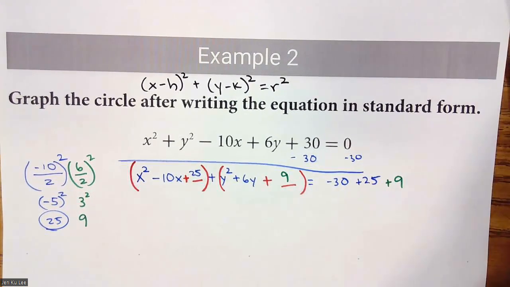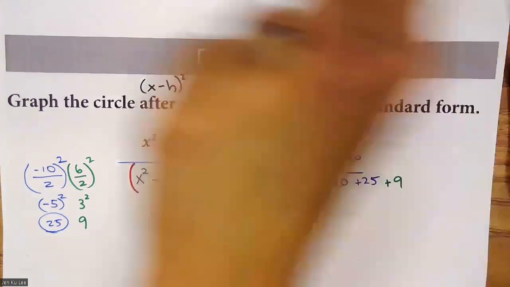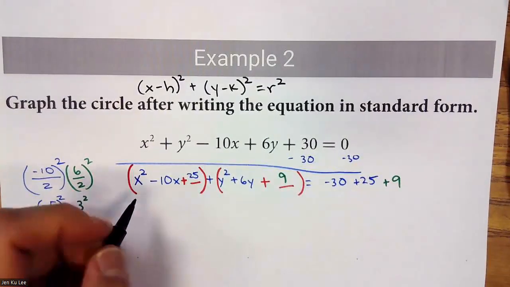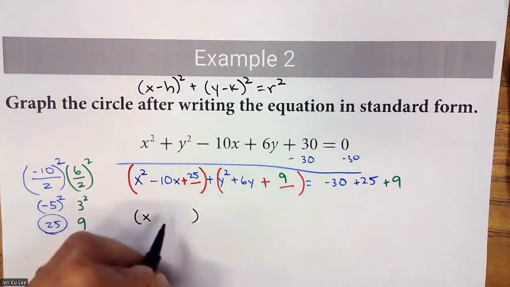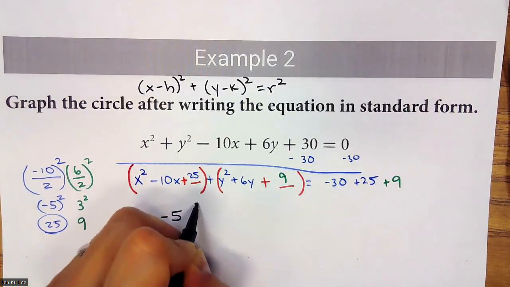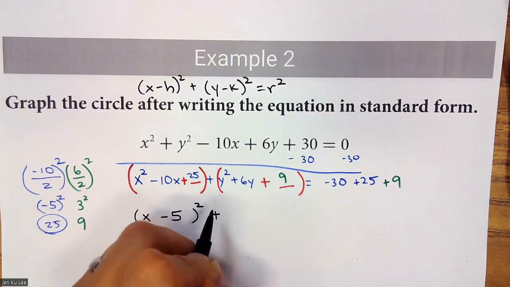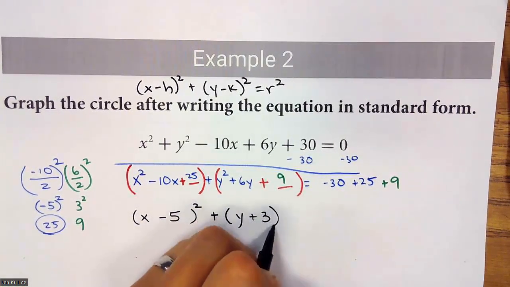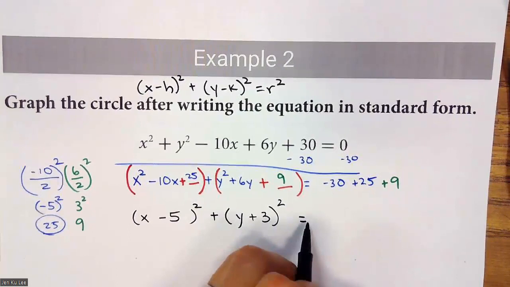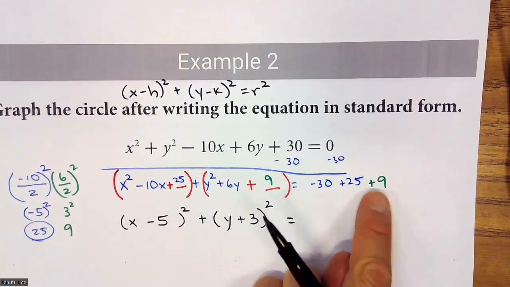Okay. So now we have this: the x part of it becomes x minus 5 quantity squared plus y plus 3 quantity squared equals negative 30 plus 25 plus 9.